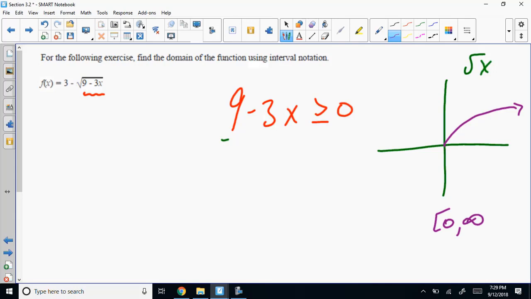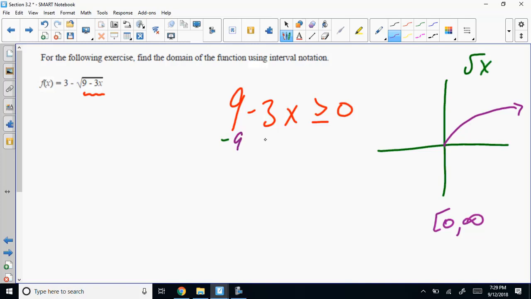So as long as I take any radical, even root, square root, 4th root, 6th root, 8th root, I will always set it greater than or equal to 0 because they do not exist for negative values. You cannot take the square root of a negative number or the 4th root, 6th or 8th root, because those are imaginary, right? Y'all remember when we did those? Yeah. So that's why we're setting it greater than or equal to 0.